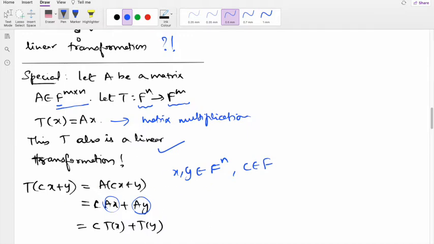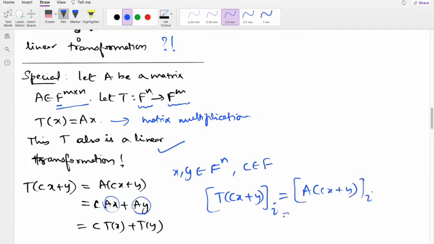So ideally, when you want to prove something like this, exactly speaking, you need to look at T of this one, and then you say, okay, I will look at the ith element here. This becomes the ith element of A(cx + y).